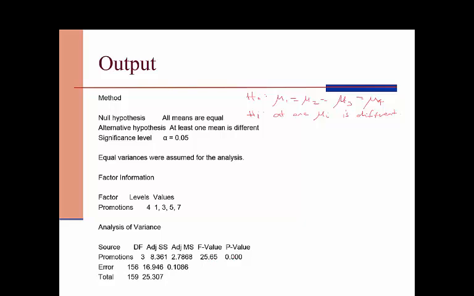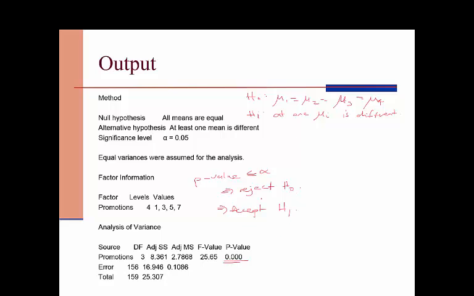And based on that, you find a p-value. So what's the most important thing here? The p-value. It says that the p-value is less than alpha, right? Therefore, reject H0, accept H1, at least one of the mu i is different.